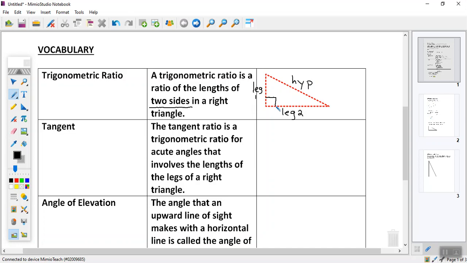First of all, how many sides does a right triangle have? 3. Trigonometric ratios are formed by using how many of the 3 sides? 2. So you might be comparing the length of leg 1 to the hypotenuse, or leg 1 to leg 2, or leg 2 to the hypotenuse. But the idea is it's a ratio comparing how many sides again, kids?